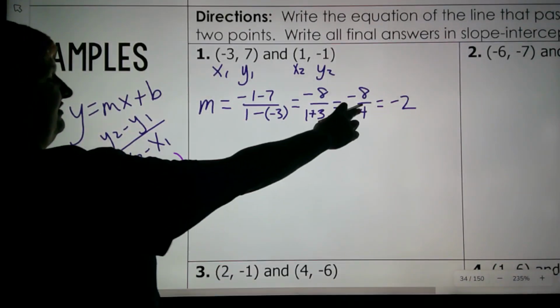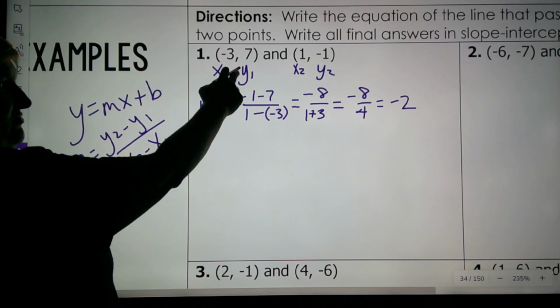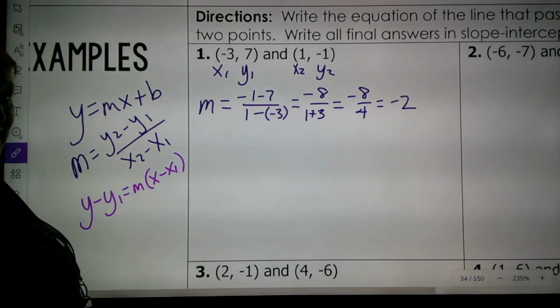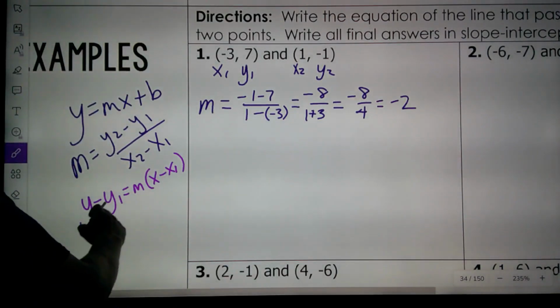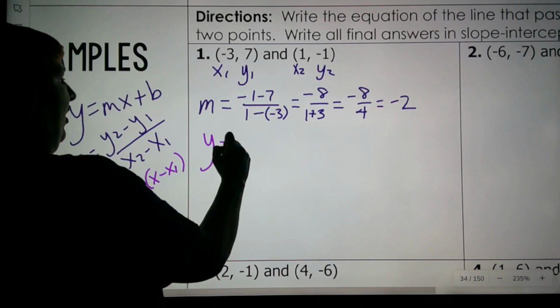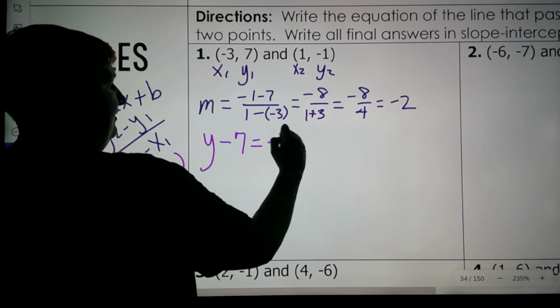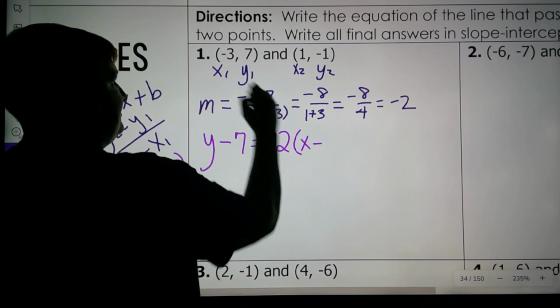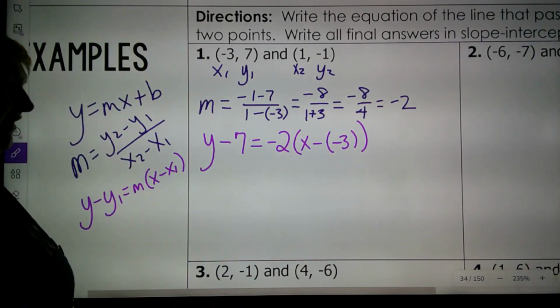All right, so let's choose a point. It doesn't matter. This one's already labeled x1, y1, so I'm going to use that one. And now that I have my m, right, I can plug it into the formula. Y minus y1 equals m times x minus x1, and then just solve.